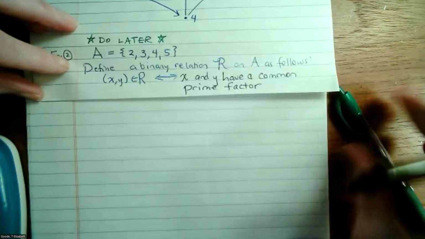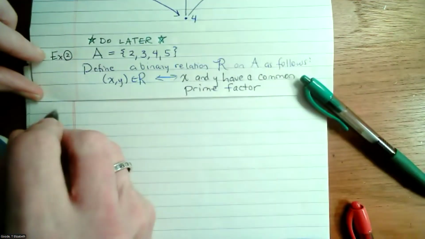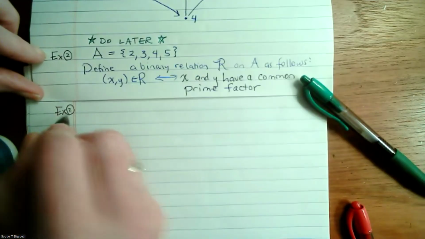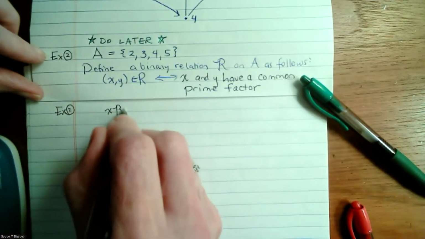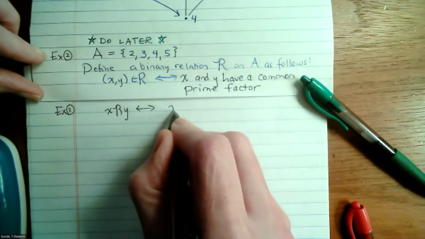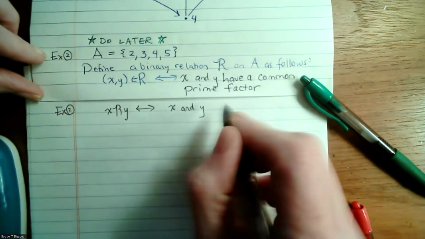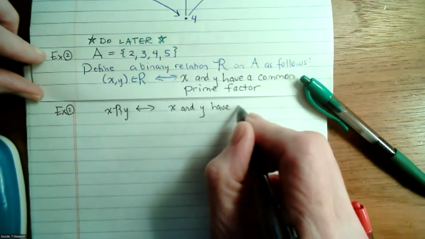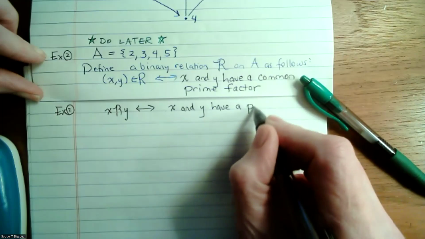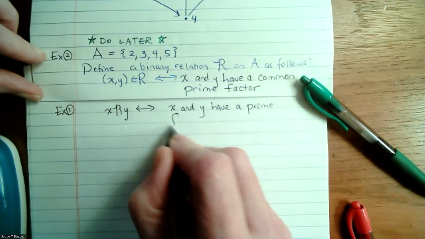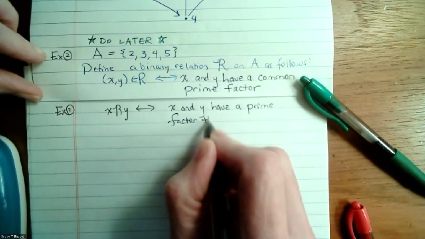But here, x and y having a common prime factor, in other words, x is related to y if and only if x and y have a prime factor that they share.